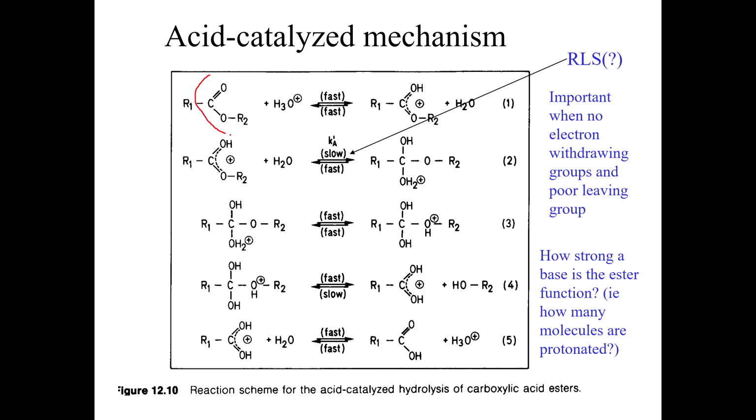How good is this functional group at attracting this proton? That will determine how many of these molecules end up in the protonated form, and the protonated form is the one that goes on to react via the rest of these mechanisms. So that's the key question in determining how fast this reaction could go forward.